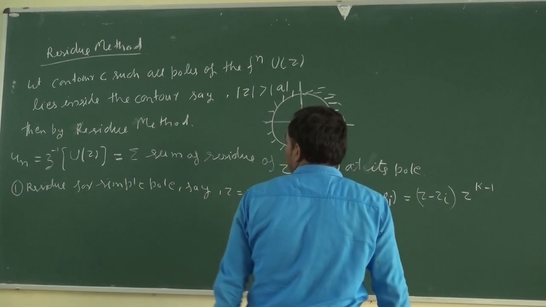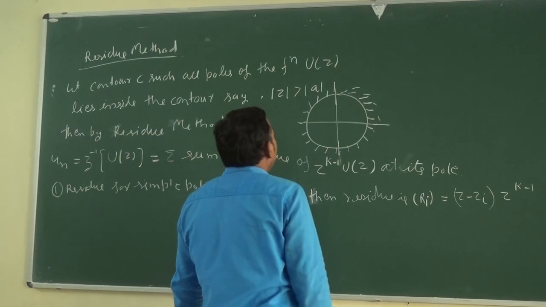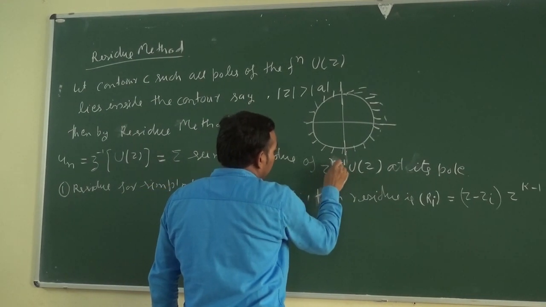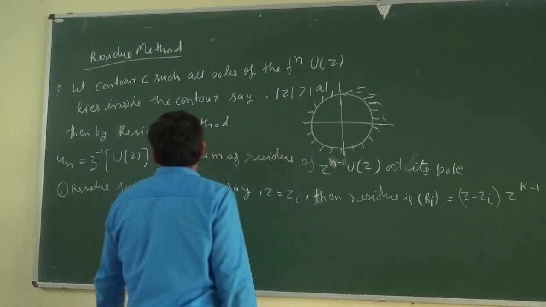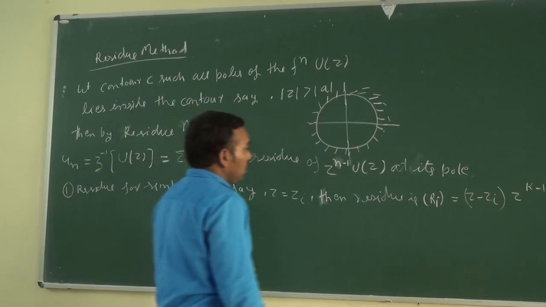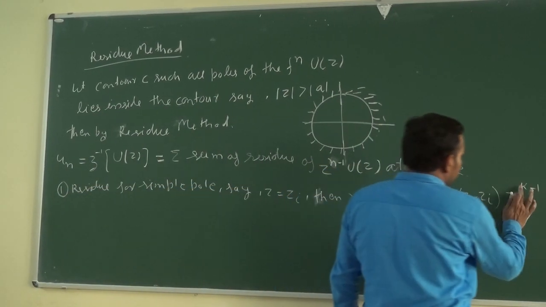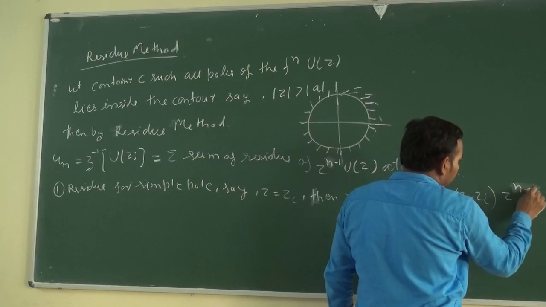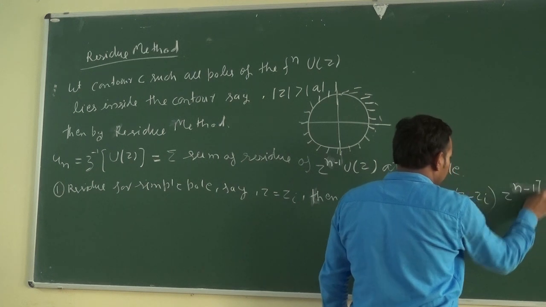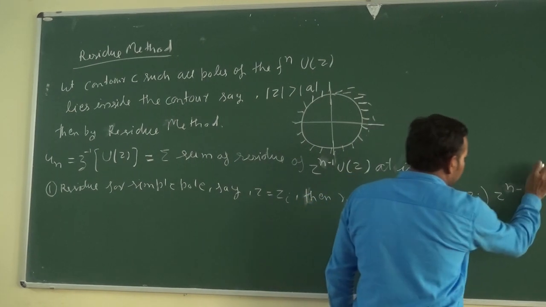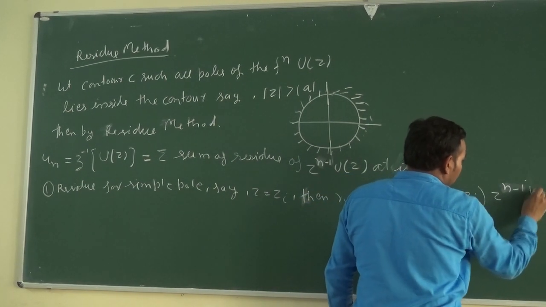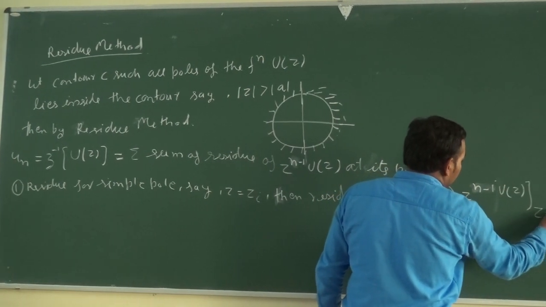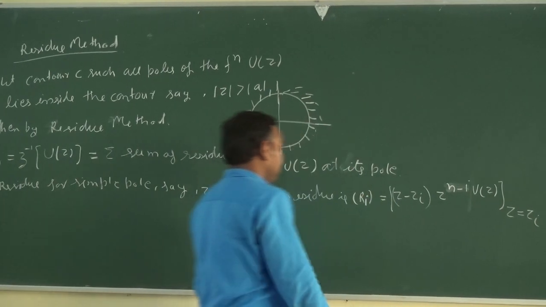Here we can say Z to the power n minus 1. So here (Z minus Zi) Z to the power n minus 1 U of Z at Z equal to Zi.